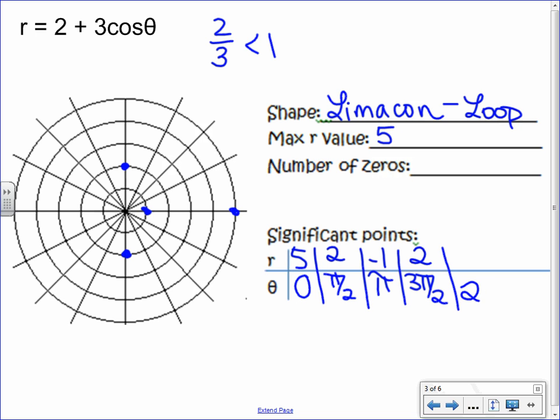And then finally at 2 pi, we have 5. Should get us back to where we started, right? Okay. Now we know this is a loop. So we know, here's where we start. We're going to go through this guy. We know it has to go through the pole to make our loop.